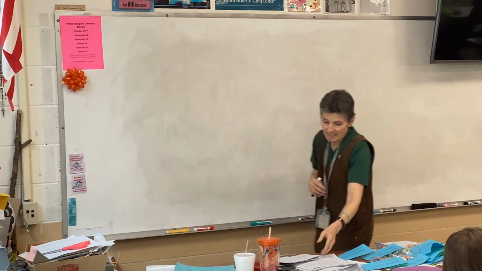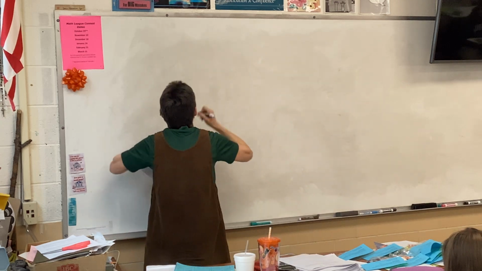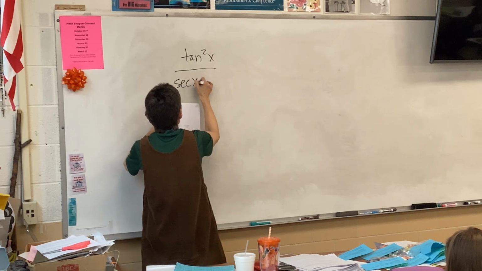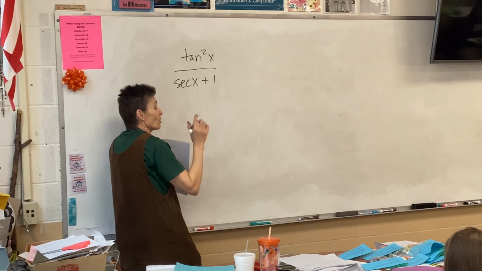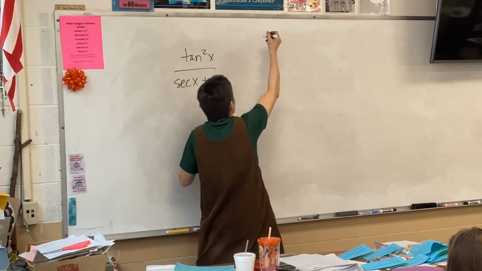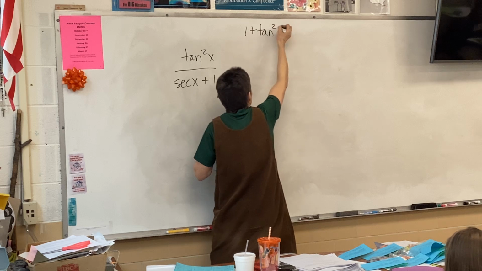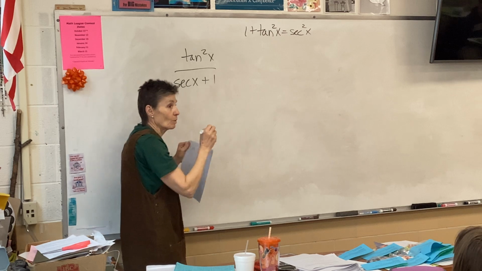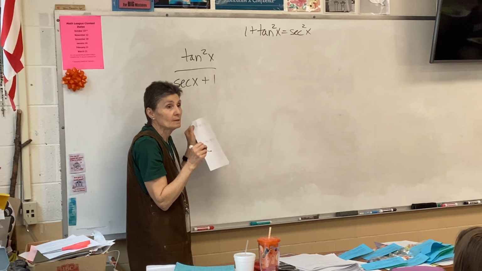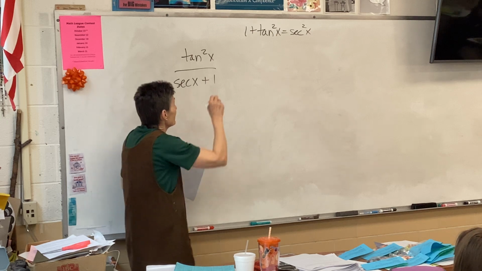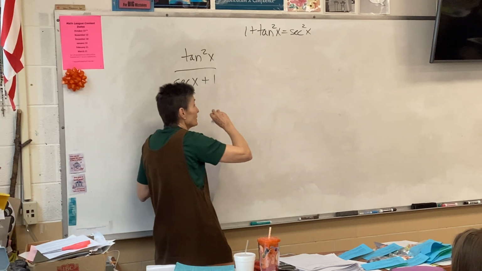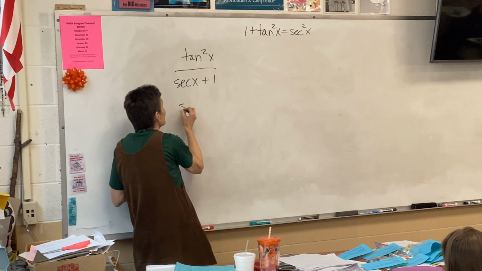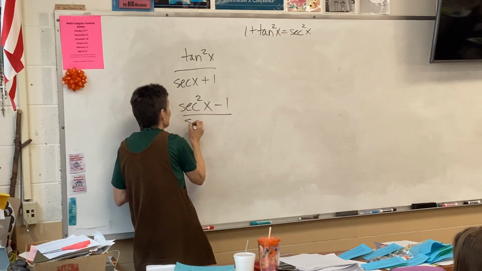So I think I'm going to take that tangent squared in the numerator. Now, you can do that, but again, I'm focusing on this idea of secants. So I'm going to take that tangent squared, and remembering that 1 plus tangent squared is secant squared, line number 5, page 51, can I change my tangent squared into secant squared minus 1?